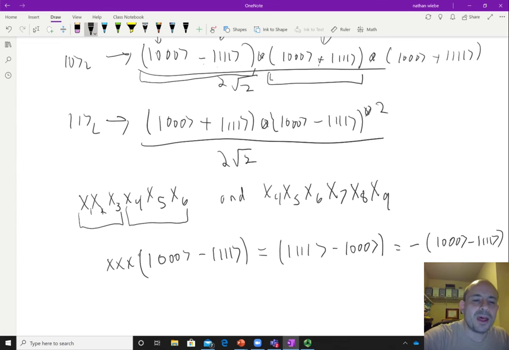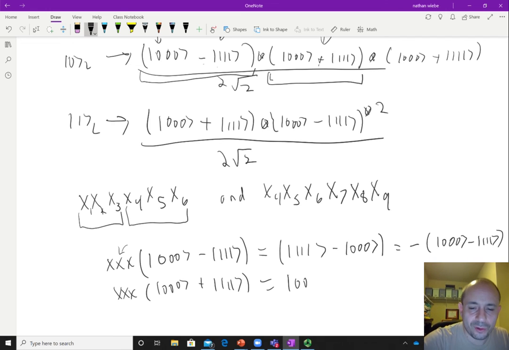Okay? So by applying 3 X's, or by looking at whether we're in the positive, oh, and of course, XXX acting on 0,0,0, similarly, ends up giving us just 0,0,0 plus 1,1,1.